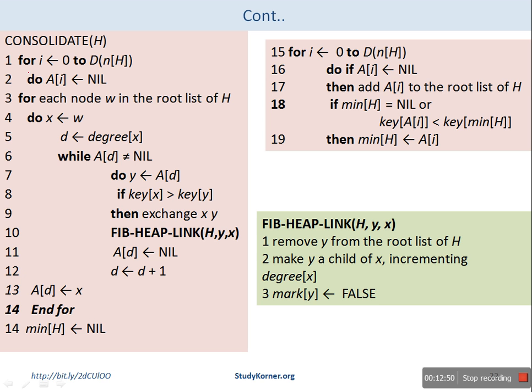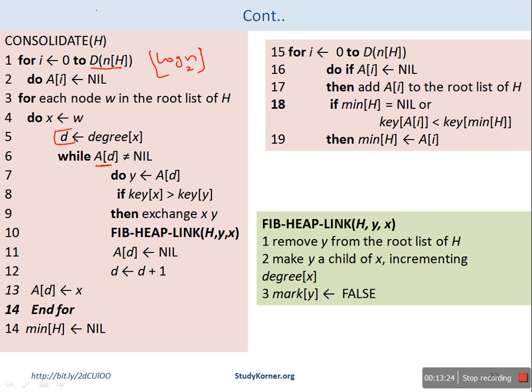In the consolidate function, we have to maintain an auxiliary array A with size D(n[H]), and this auxiliary array generally has the size log n base 2. Now for each node w in the root list of H, we need to scan the root list and store each node's degree in d, and then from that degree we have to match in the auxiliary array.